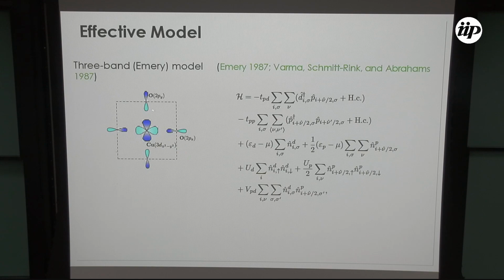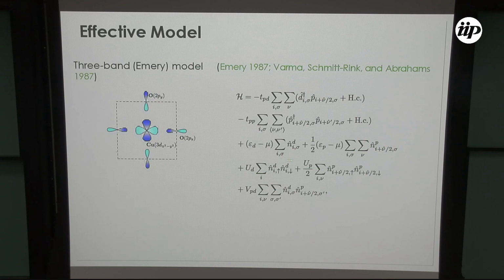Here, as you see, one includes the copper orbitals and also the oxygen orbitals. D are the creation and annihilation operators of the electrons residing at the copper orbital here, and P are the creation and annihilation operators of electrons residing at the oxygen sites.